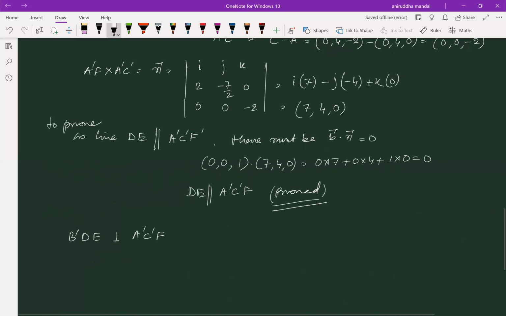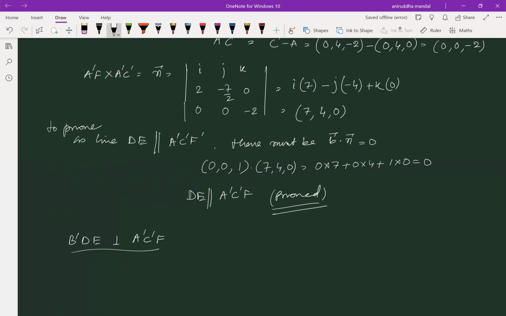So let's find the normal vector of B1DE. A similar procedure is to be followed. So there are two vectors, say we assume one is b1d and another is b1f. Okay, so b1d is d minus b dash vector, and this is f minus b dash vector.